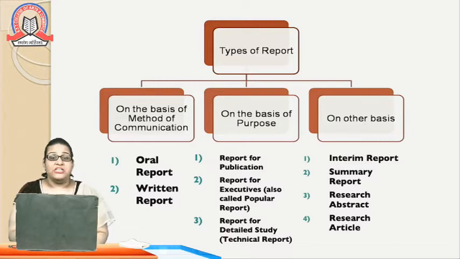The next one is summary report. As the name says, the report is prepared in the form of a summary. It only includes the important parts concerned with the research, such as the conclusion of the research and which data is used, primary data or secondary data.